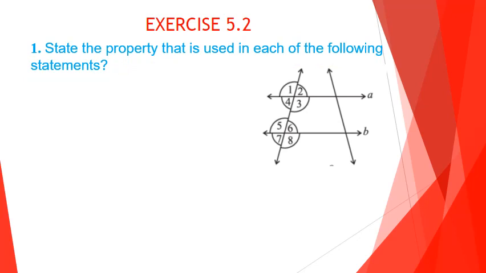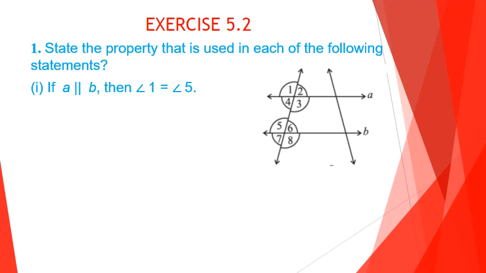Next, we move to exercise 5.2, question 1. State the property that is used in each of the following statements. First part: if A is parallel to B, the given two lines A and B are parallel, then angle 1 equals angle 5. What is the property used here?